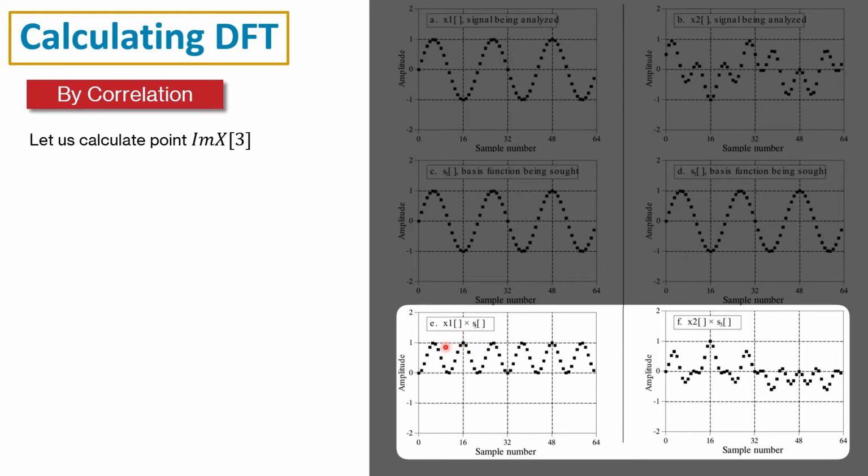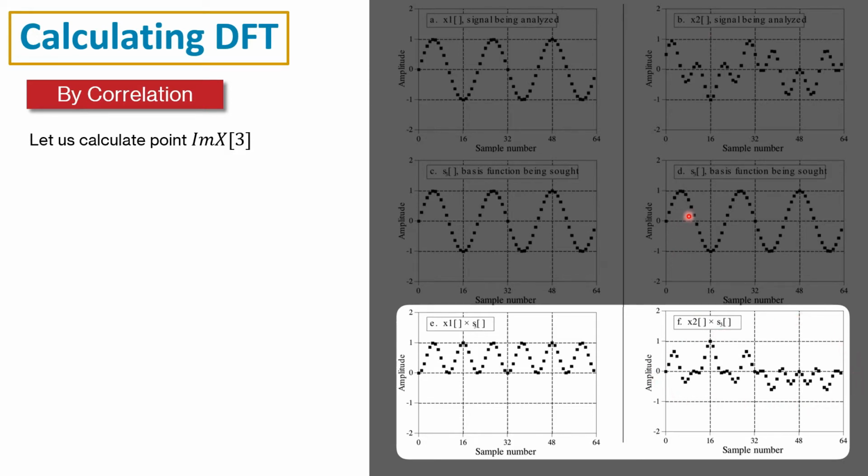So we can calculate using our equation that the sum of all these points should be equal to 32. If it is 32, it means that these two signals, X1 and S3, are correlated with each other. On the other hand, we multiply S3 with X2 also, and we get this type of spectrum.